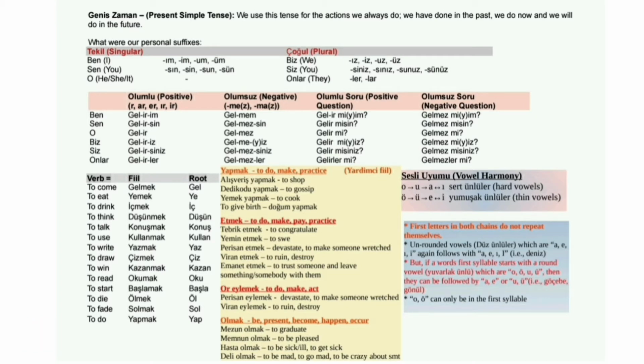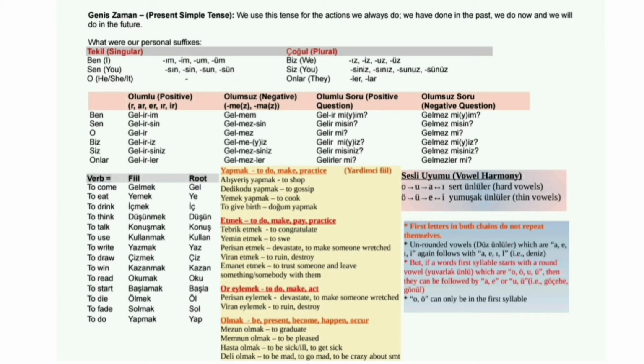So let's start with ben. Gelmem. Actually, only the first one is different. All the rest is going to receive mez, maz, me, ma. But this one is mem, gelmem. You should just memorize this one.